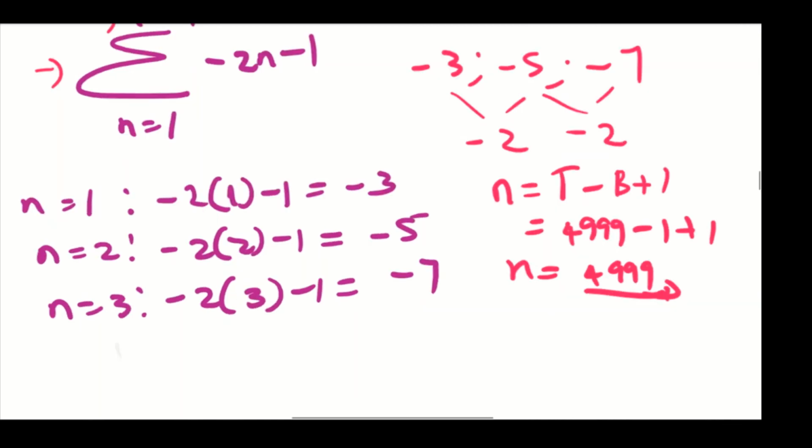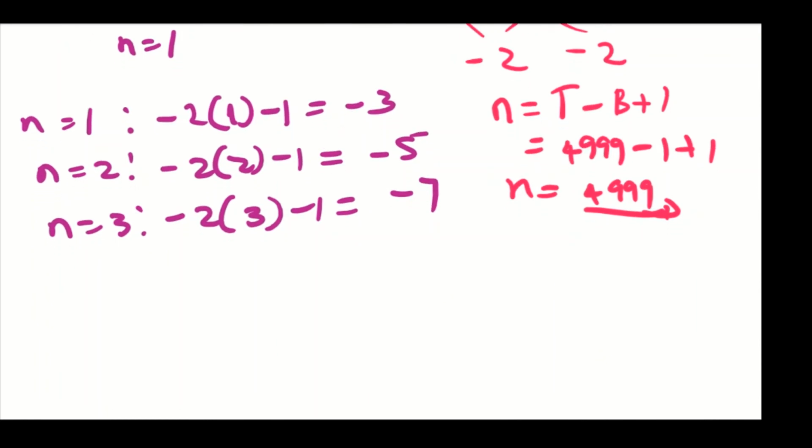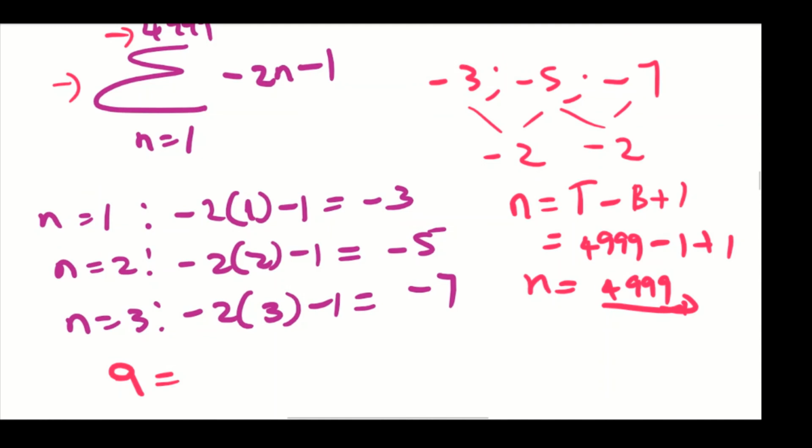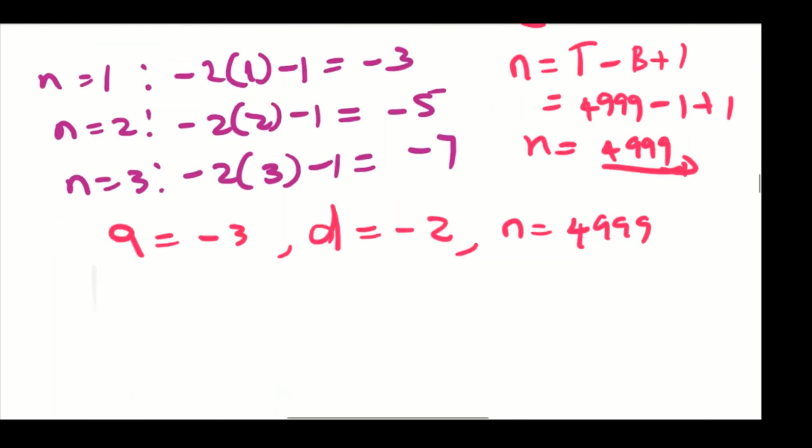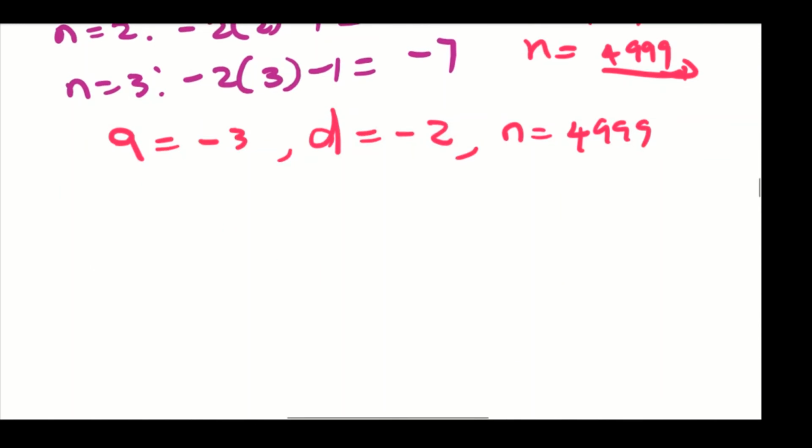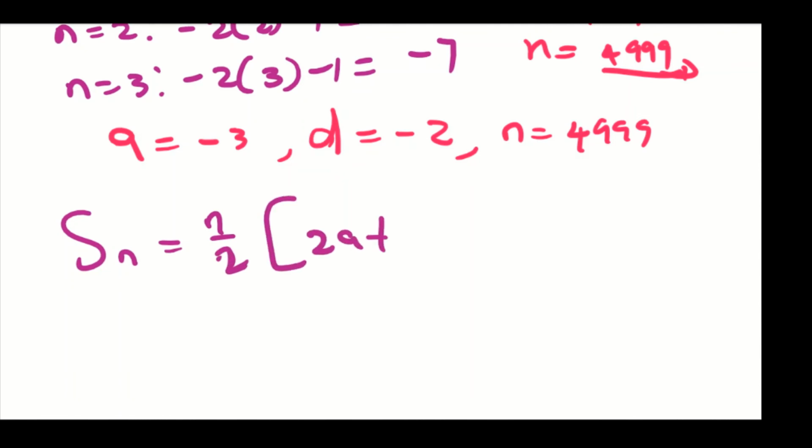So you have your a value, which is this minus 3 here. Our d is equal to minus 2, and our n is equal to 4999. So you can find the sum. S_n is equal to n over 2 times (2a plus (n minus 1) multiplied by d).